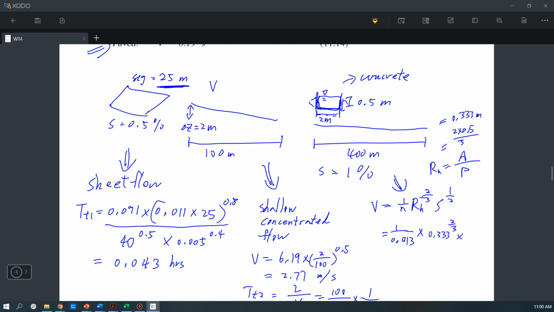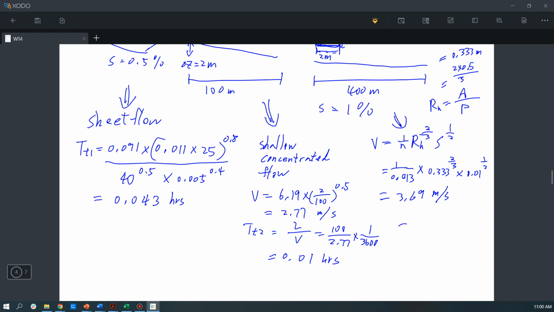We plug that back into this equation, and times the slope is 1%, so it's 0.01 to the power of 1/2. And we get the velocity in this rectangular channel is 3.69 meters per second.